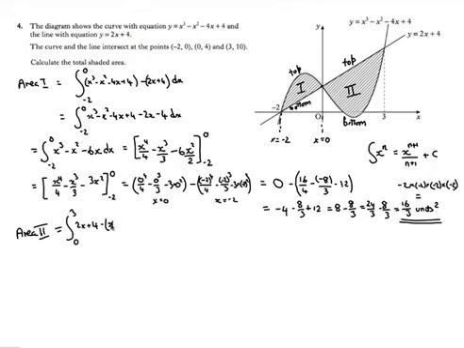So minus x cubed minus x squared minus 4x plus 4. Close the integrating brackets. This is actually this subtraction but the other way around.